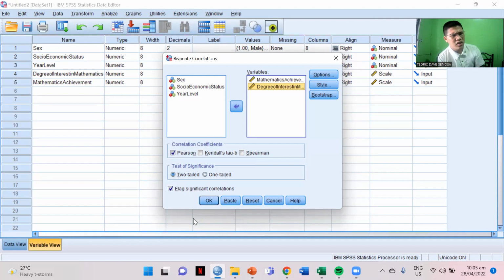What does this do with your table later? If there is a flag for significant correlation, you will see an asterisk. If you see an asterisk, there is a significant relationship. So you click OK now.